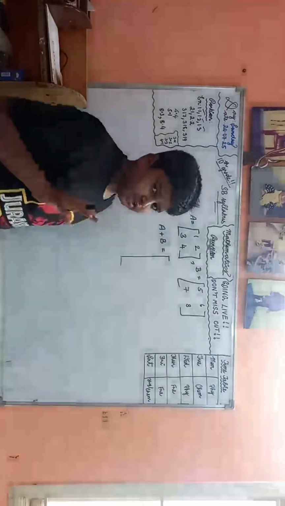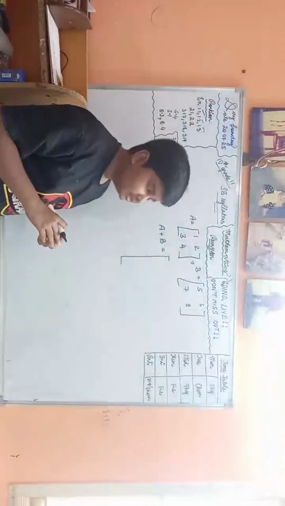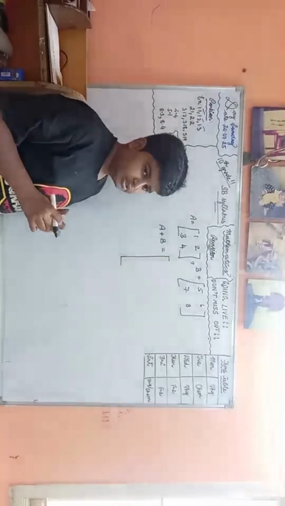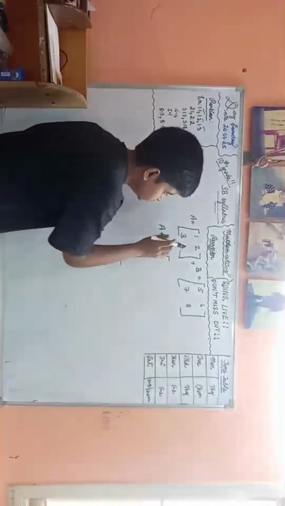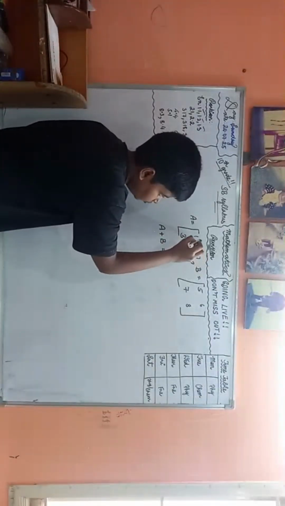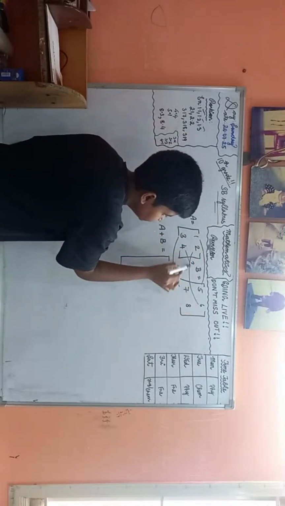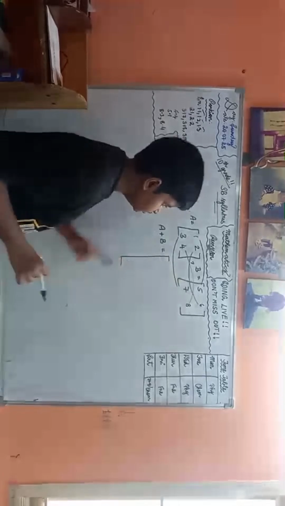So how do you find A plus B? You have to combine the corresponding elements. So look, 1 and 5, 2 and 6, 3 and 7, 4 and 8. This is how this works.